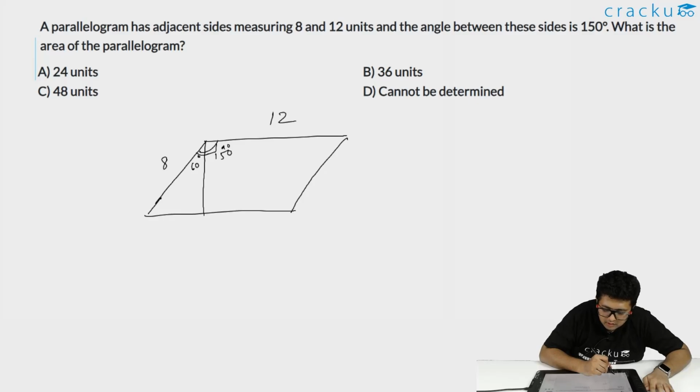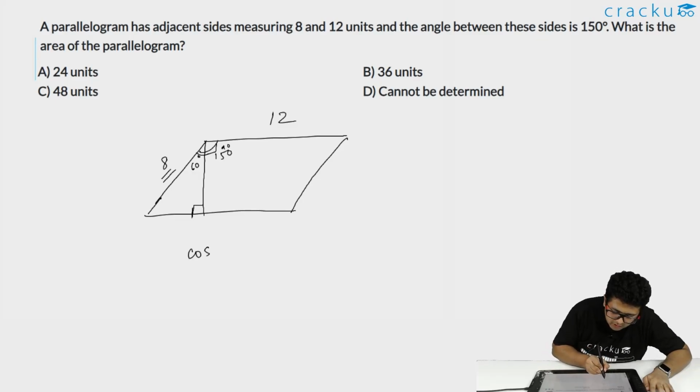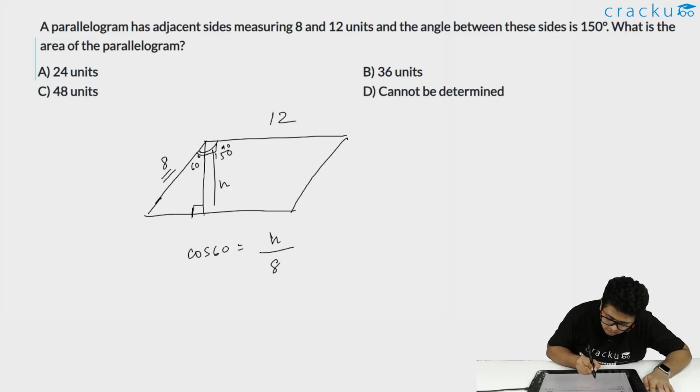Now using the trigonometric formula, since this is a perpendicular and this is the hypotenuse, cos 60 will be equal to h by 8, and cos 60 is equal to 1 by 2, so height is equal to 4. Since the formula is height into base, 12 into 4 is equal to 48.